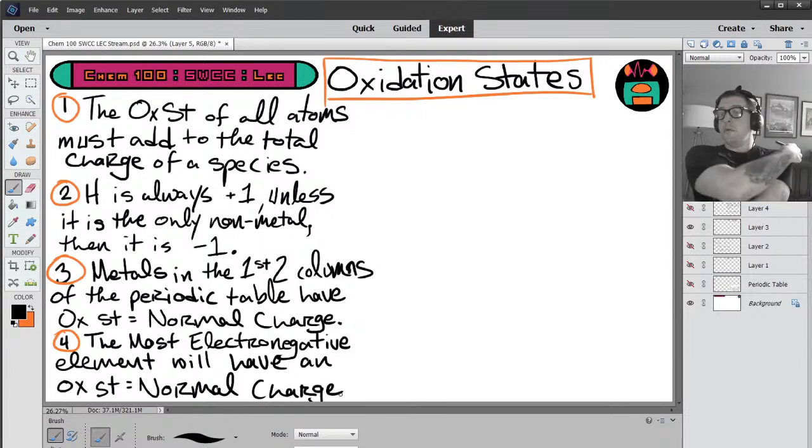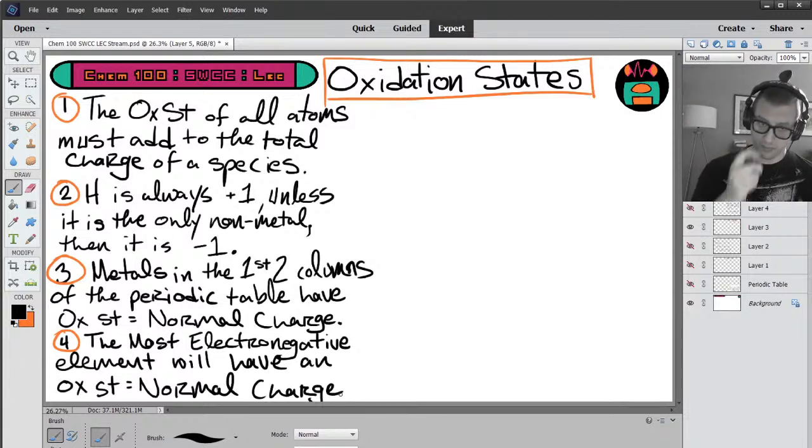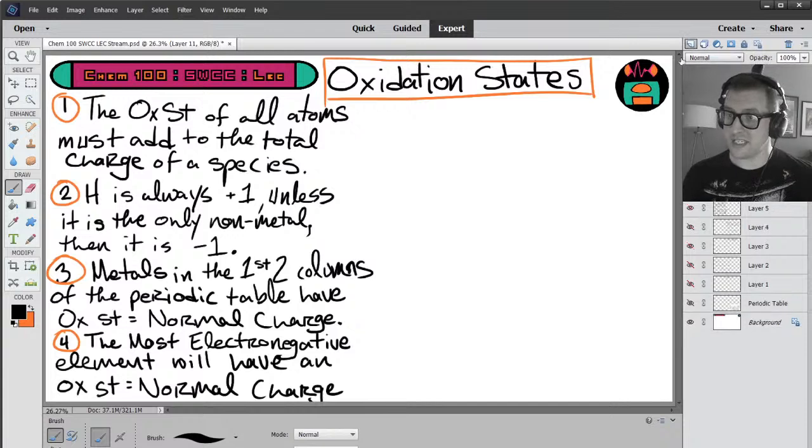All right. The most electronegative element will have an oxidation state equal to its regular ionic charge. That will help us solve problems, assign oxidation states, like the following.